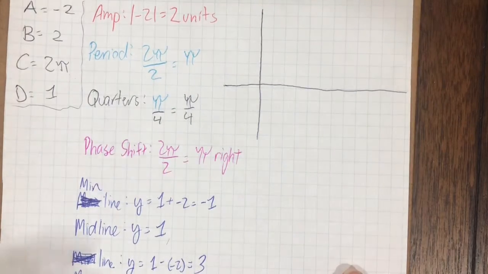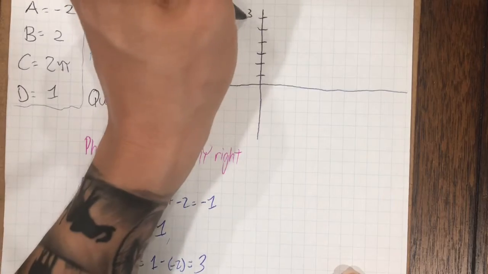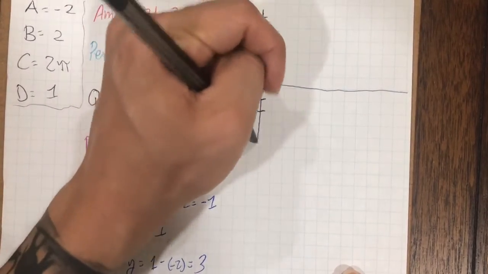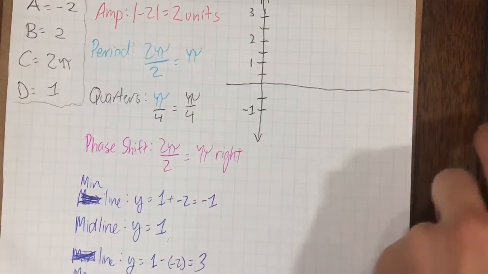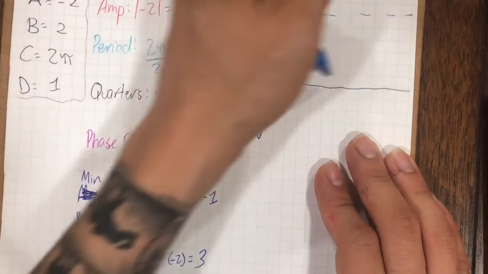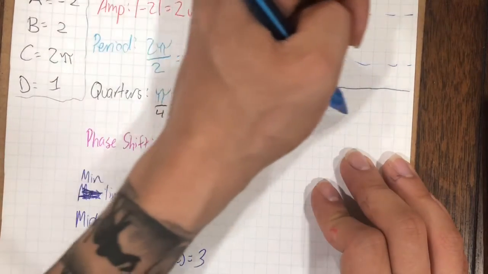So let me see, you have 1, 2, 3, -1. All right, so we have 3 as the max, 1 as the mid, and -1 as the min.